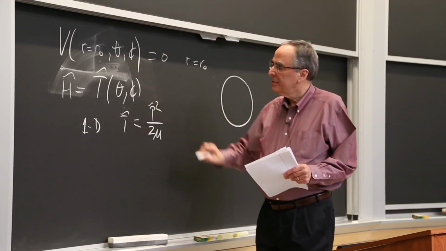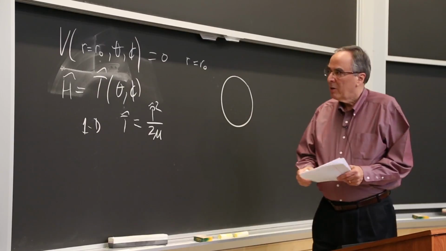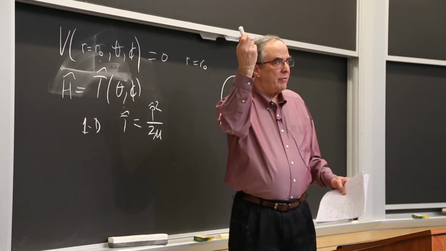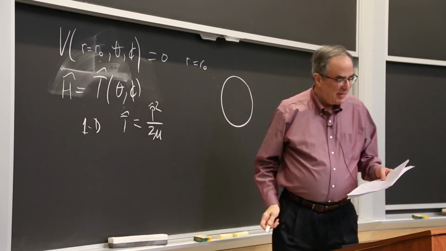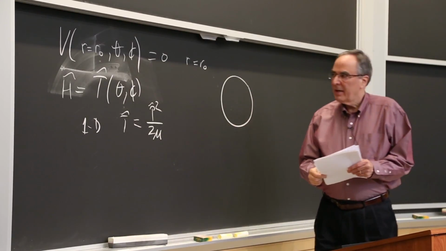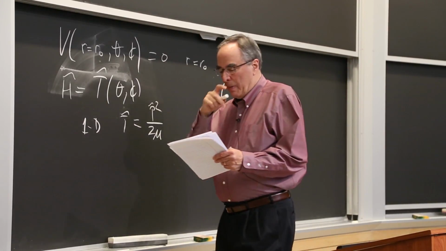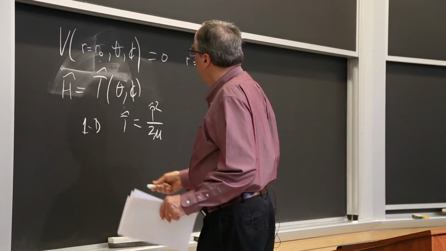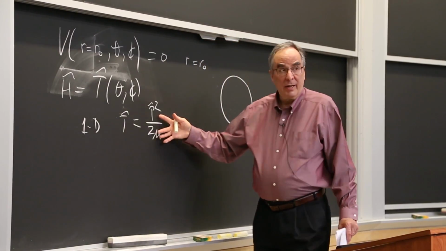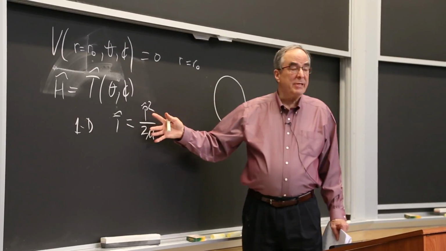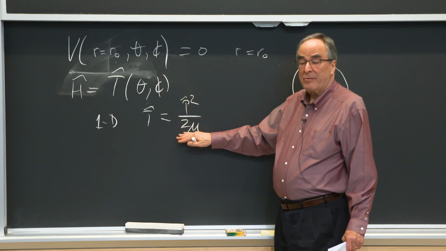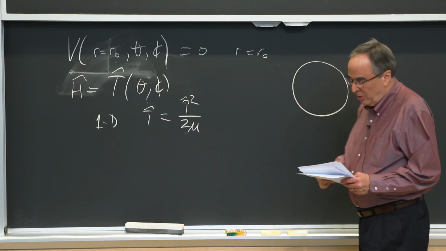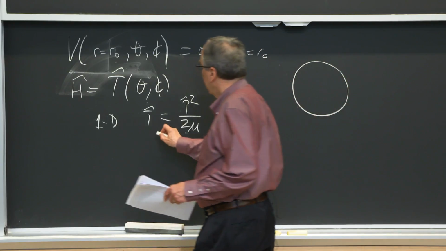Let's put a hat on this. Well, we have motion in 3 dimensions, right, or 2 dimensions, theta and phi. And so we want to generate a kinetic energy Hamiltonian which is analogous to this, some kind of momentum squared over some kind of a mass. And so we can go by analogy or we can go by classical mechanics.